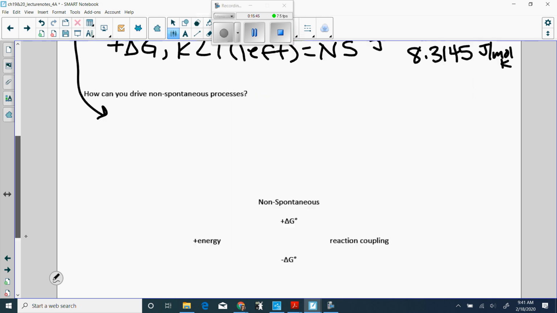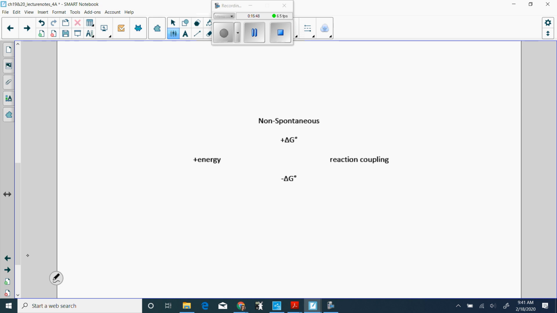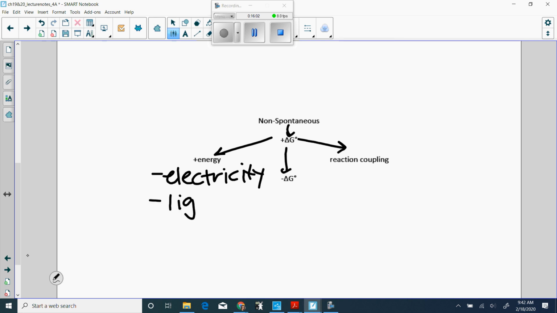That graph is supposed to be here. How do we get it to go? They want you to know two things. You can either give it energy, that means plug it in, or put it in the sun.